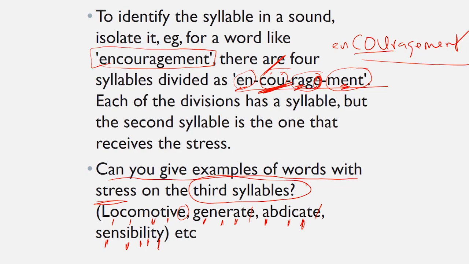Now, these 4 examples given to us here, if you find out, you realize that their stresses are on the third syllables if well pronounced. Like this one, it is pronounced locomotive. So if it's in your exam, it will be written like this.